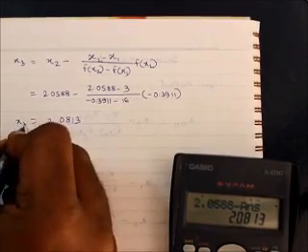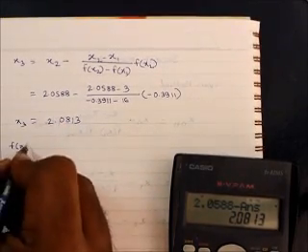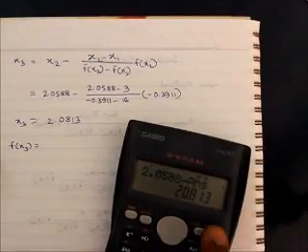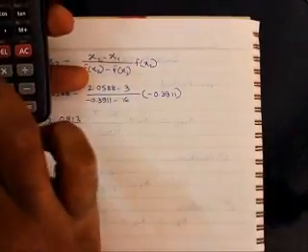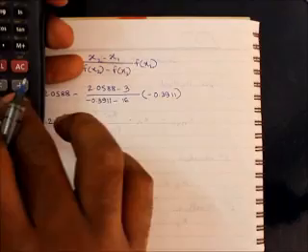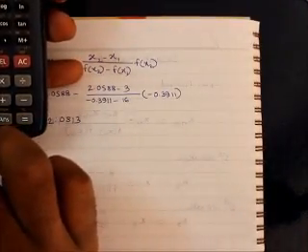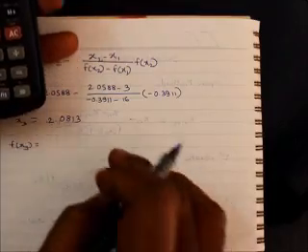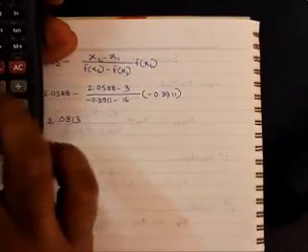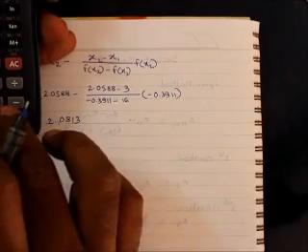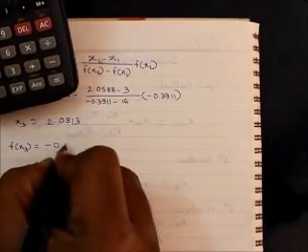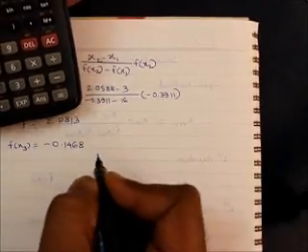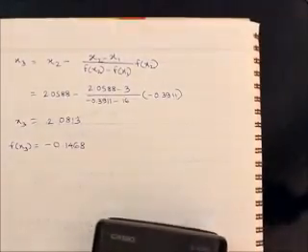Okay, this is x3. Let's find out what f of x3 is. So 2.0813 cube minus 2 into 2.0813 minus 5. Okay, this is minus 0.1468.